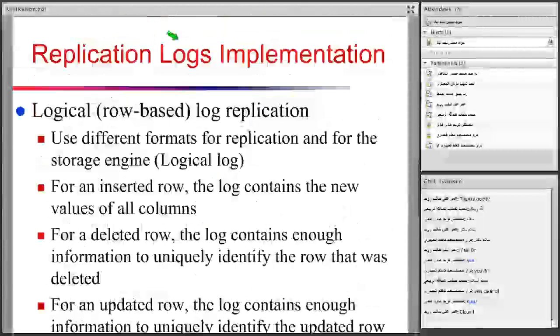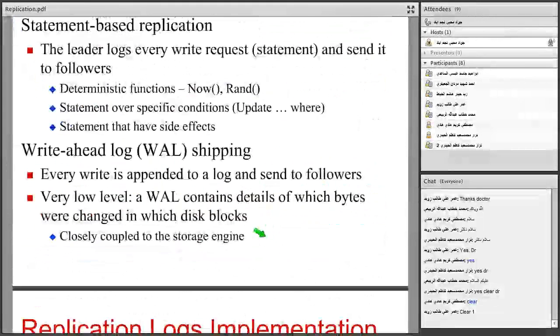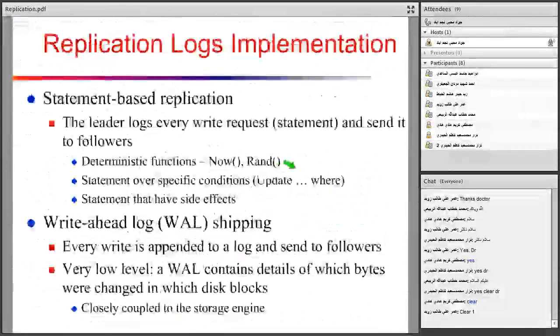Using statement-based replication, there are some challenges with this method. It's not good because of nondeterministic functions in a statement, and other reasons.